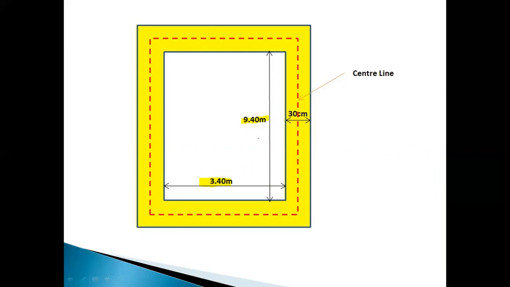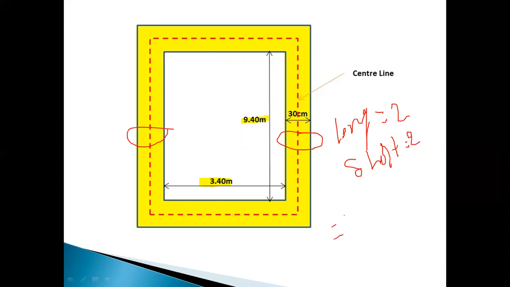In the previous case, we took the long walls, two long walls, and the short walls, which are also 2. Here we calculate the individual long walls: 2 into the center-to-center line length.